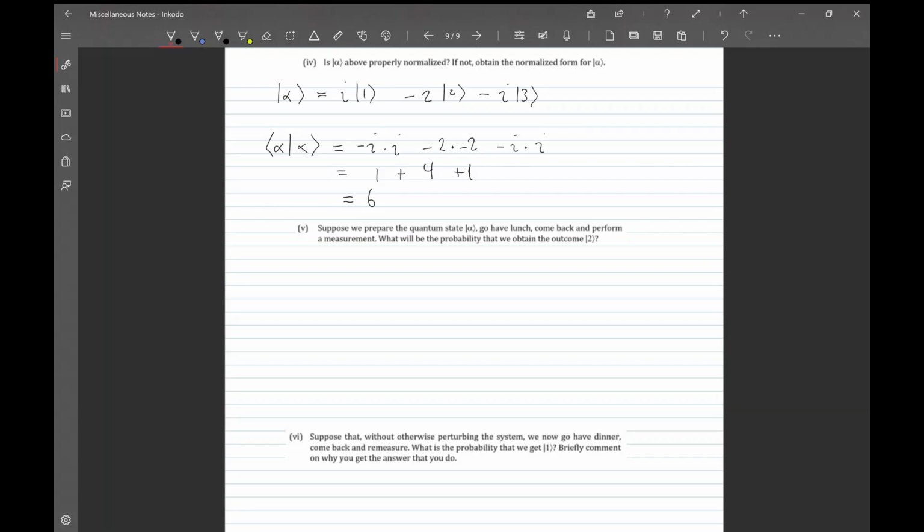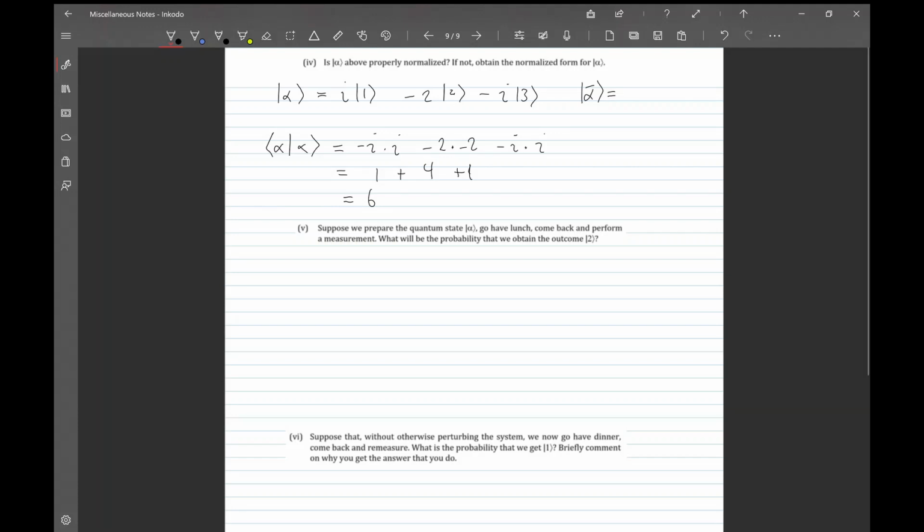So how do we obtain a vector that is parallel with alpha but has size 1? Well, we just take alpha and define a new vector, we'll call it alpha bar, which is just alpha divided by the size of alpha.